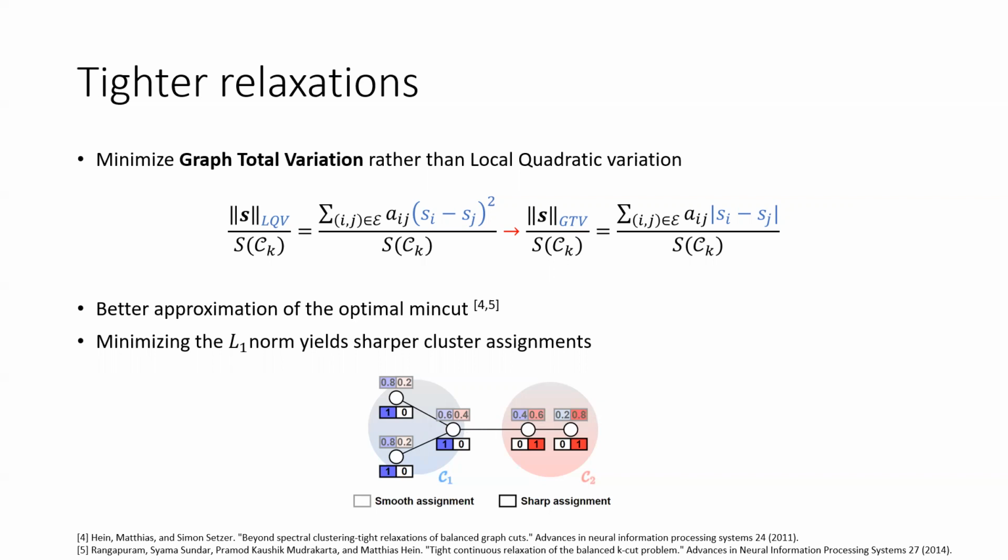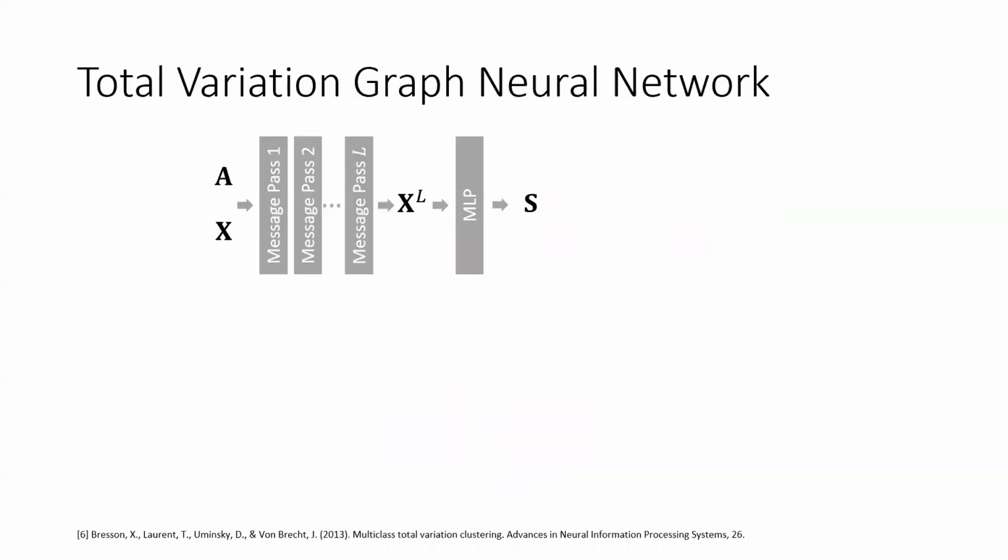This makes a difference, especially in the nodes close to the edge of a cluster, like in this figure where on the top of each node, we show what soft cluster assignments look like, while in the bottom, we have the ideal cluster assignments that are sharp. Very smooth cluster assignments reflect the uncertainty about which cluster a node actually belongs to. For example, the nodes at the edges are only 60% sure to belong to their actual cluster.